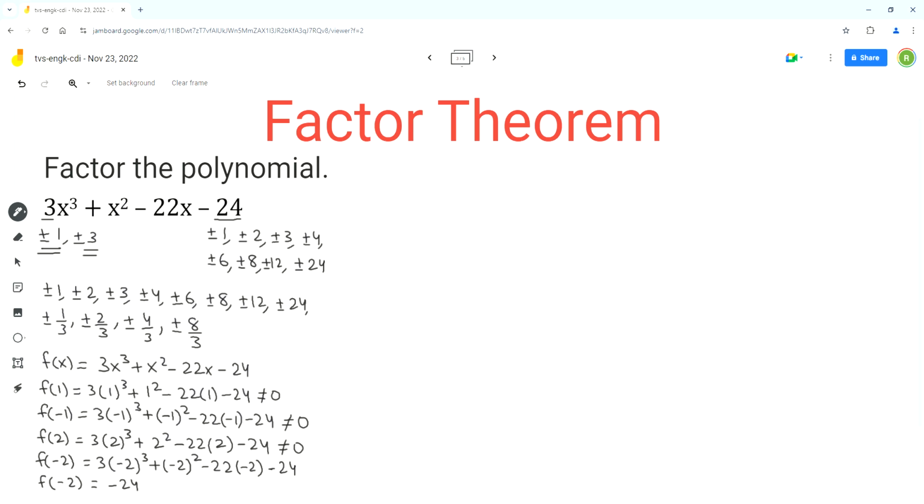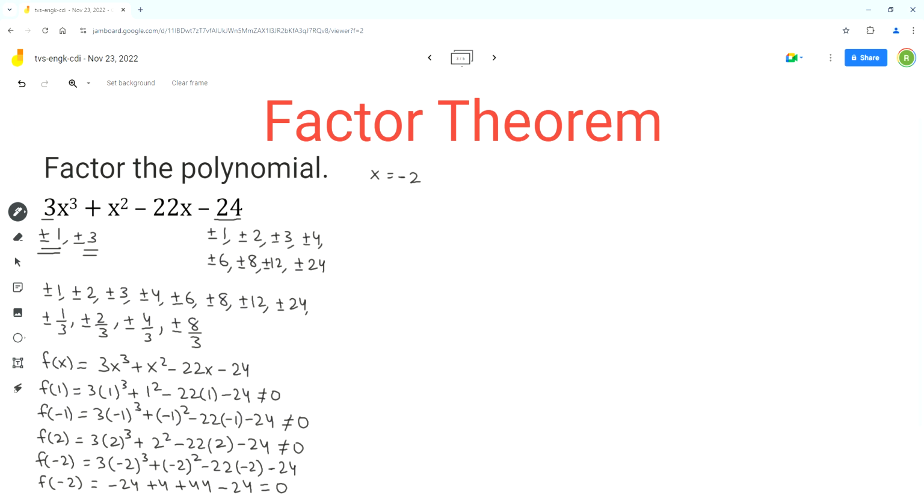Negative 2 squared is equal to positive 4. Negative 22 times negative 2 is equal to positive 44. The value of this expression is equal to 0. That means for x equals negative 2, the value of the polynomial is equal to 0.